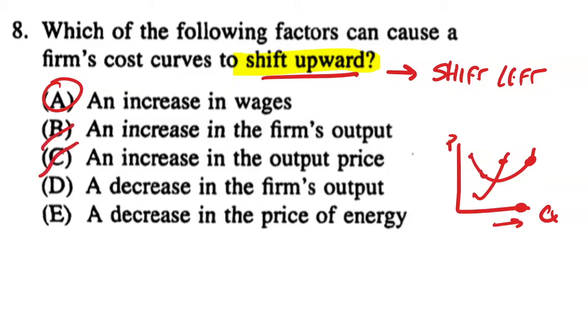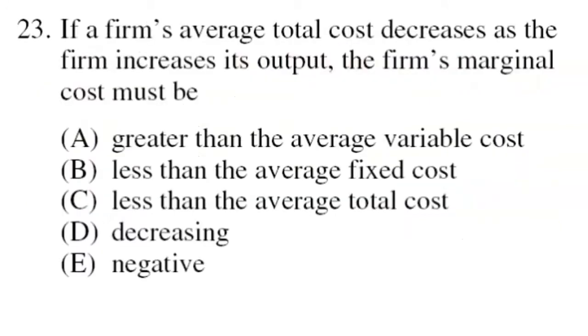A decrease in the firm's output is the same thing as B, just movement along the curve itself. And a decrease in the price of energy is going to cause a shift down, or a shift to the right. So the only answer choice that makes sense here is answer choice A, an increase in wages.